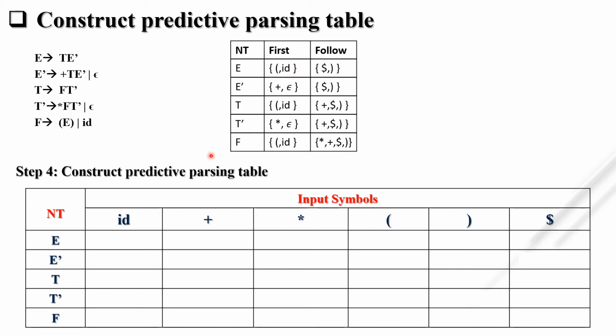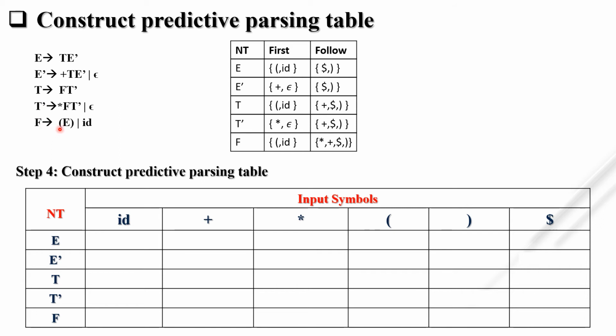So how to fill this predictive parsing table? Let's see. What is the first of non-terminal capital E? Opening bracket. From where do we get this opening bracket? From which production? This production. E tends to T, then we go to the first of T, which is F, then we go to the first of F, which is opening bracket.